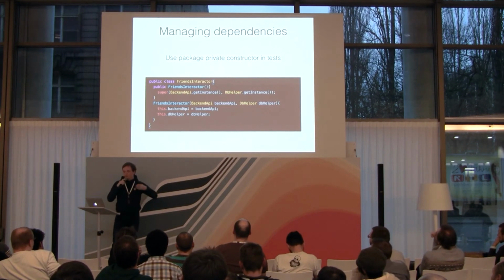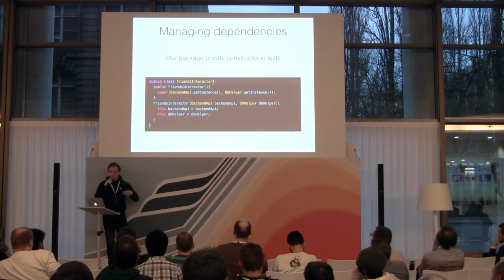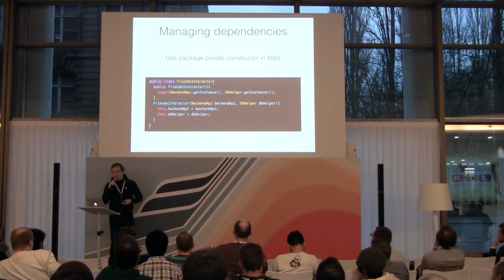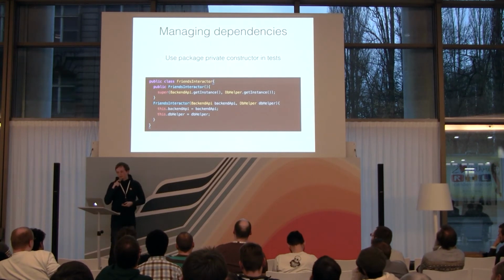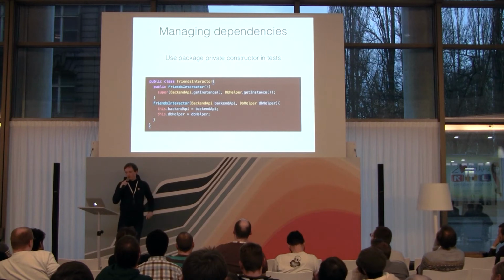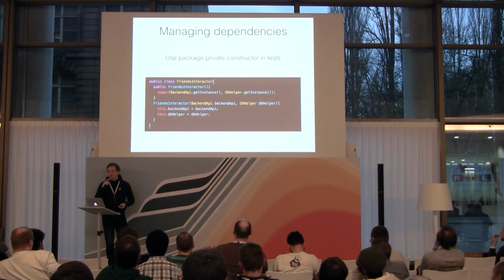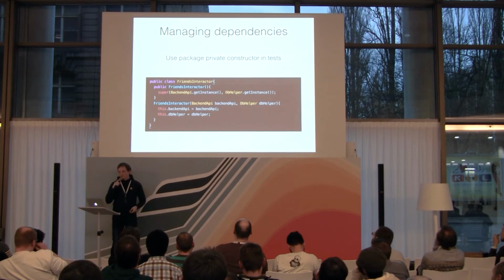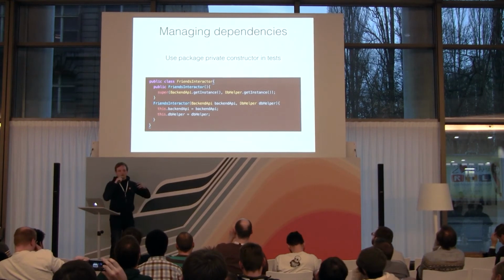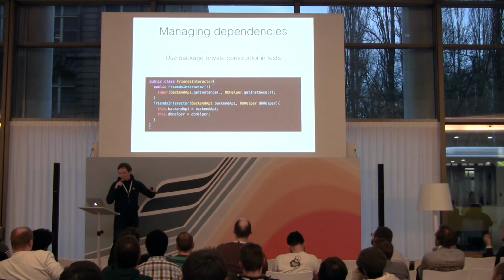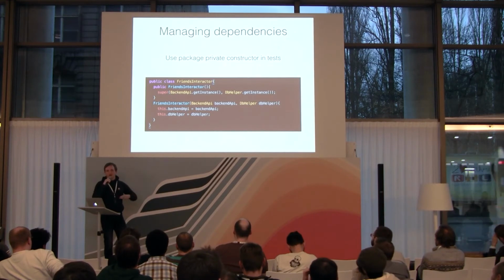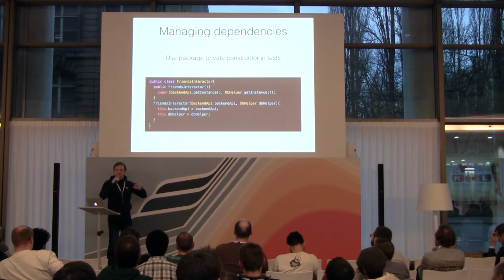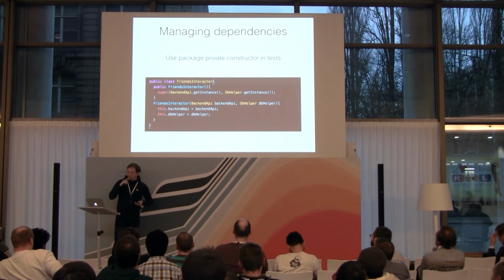In tests, you can provide dependencies for your class using the package private constructor. But in your production code, you use this empty constructor, which still constructs the singletons, right? But your client code, where you use this friends interactor, doesn't have to do more job to get the dependencies.